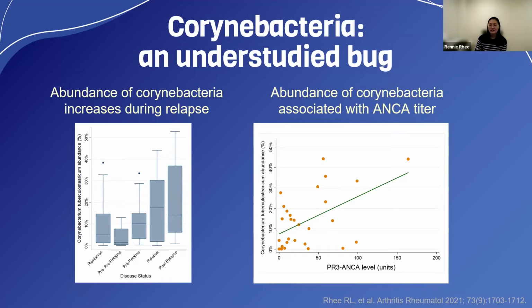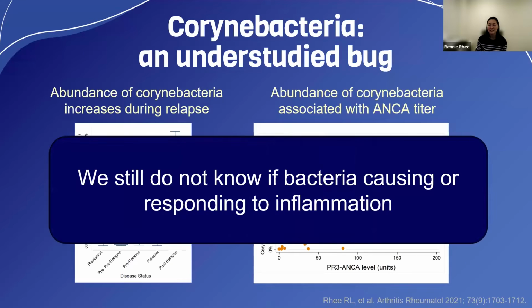So these are some initial intriguing findings about this bacteria, but again, the caution is that we still don't know if these bacteria are causing inflammation or just responding to it. We will return to this as we try to do other studies to get a closer look at causation rather than correlation.